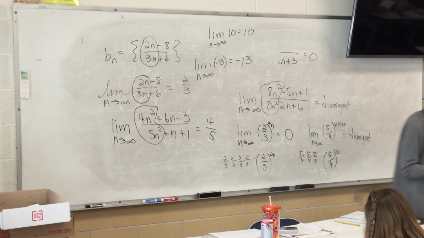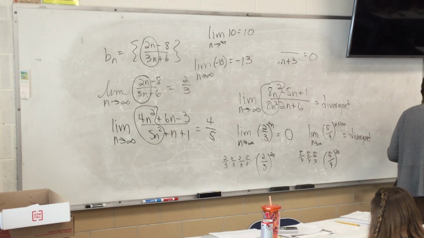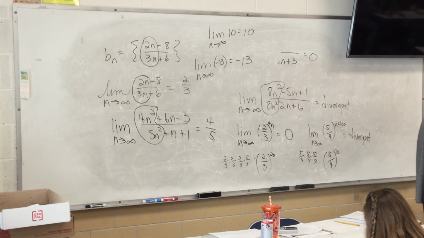Good. All right, how about B? 0. And why is it 0? Because the number I am raising to the power is less than 1. That's the key.